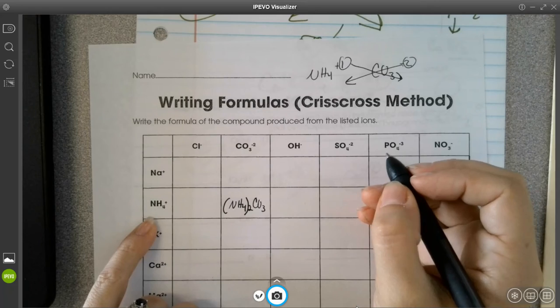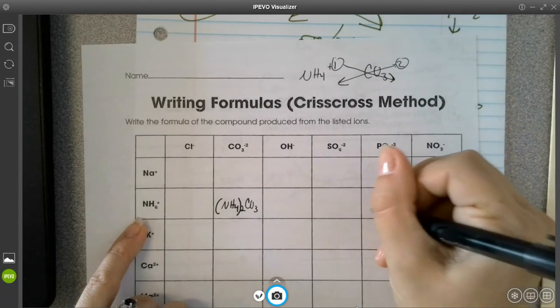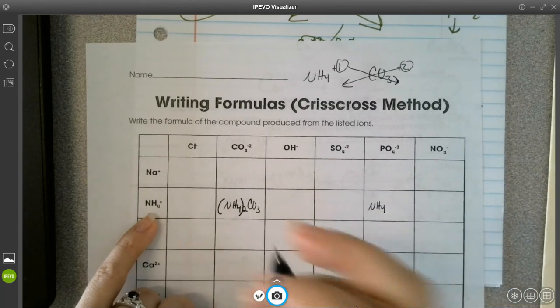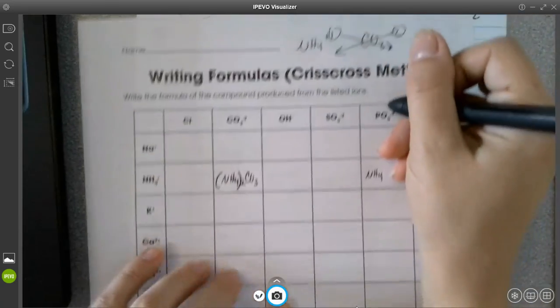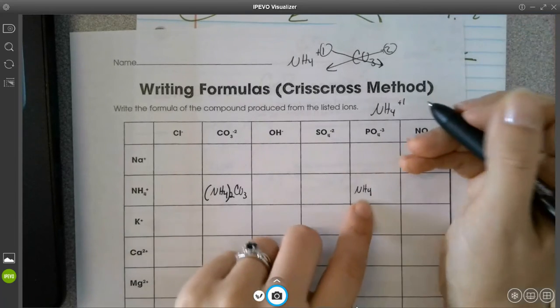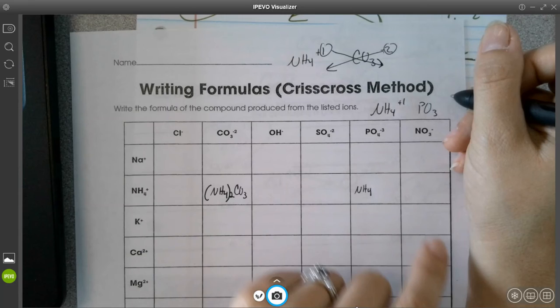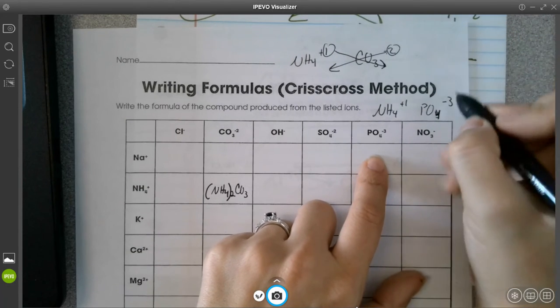So let's look at NH4 and PO3. NH4 has a positive 1 charge. And so let's again write this one right here. PO4 has a charge of minus 3.